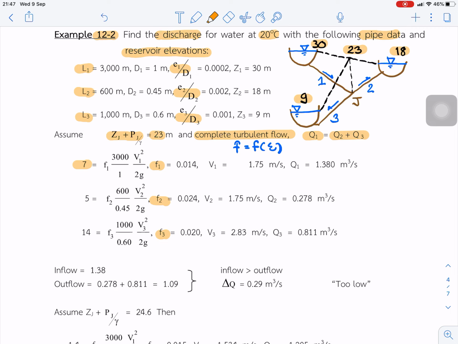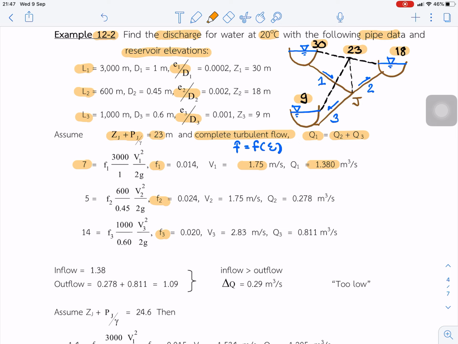And from F1 we can find the velocity, and we can estimate Q because we know the diameter.